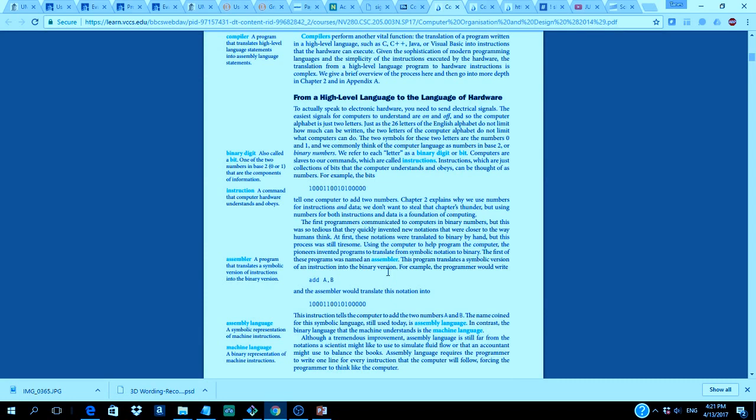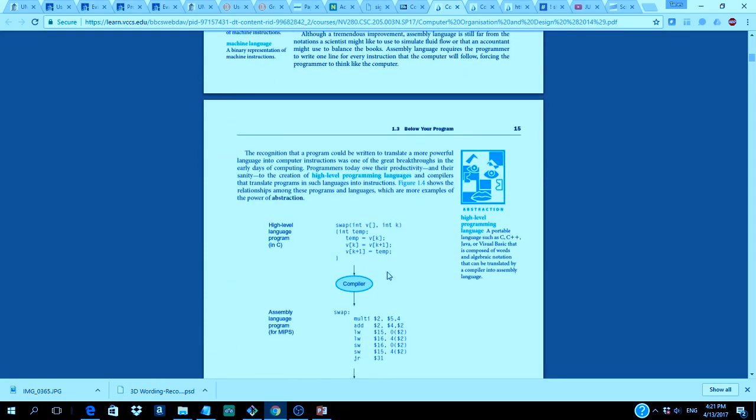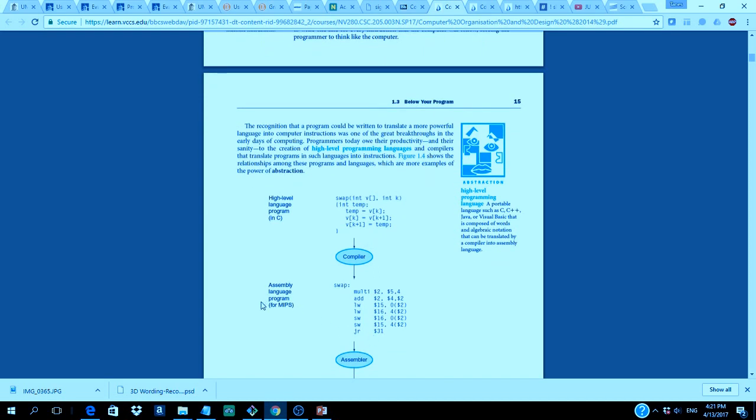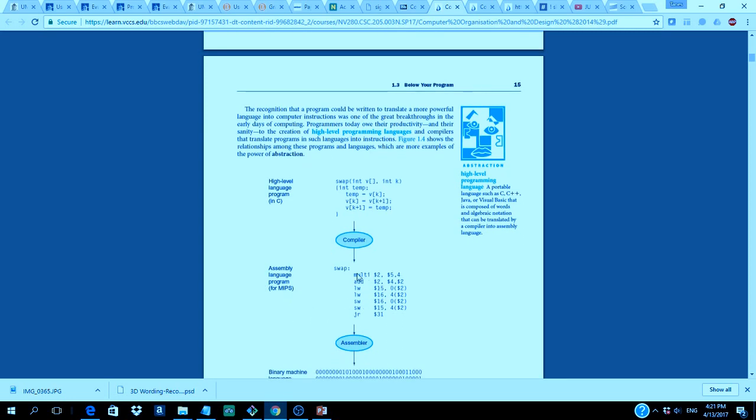So this is pretty much the same. That's the assembler, right? Assembly language for MIPS. See, this is the opcode and these are three operands.